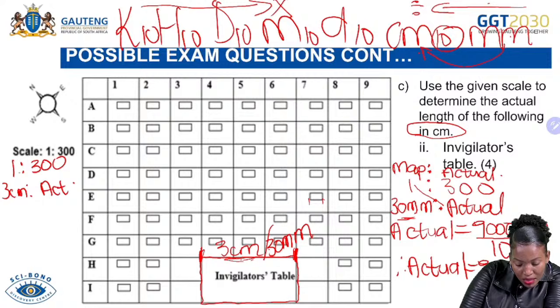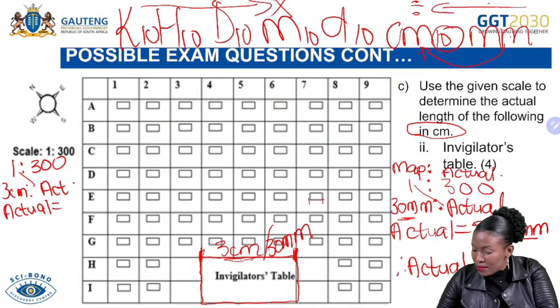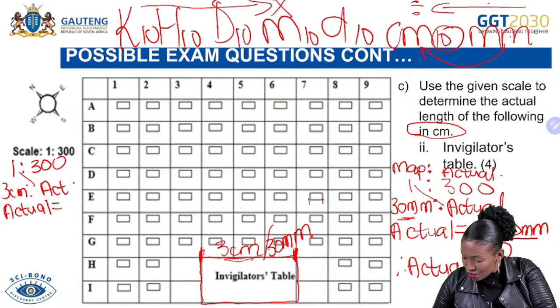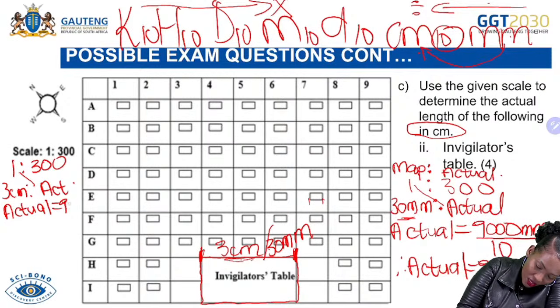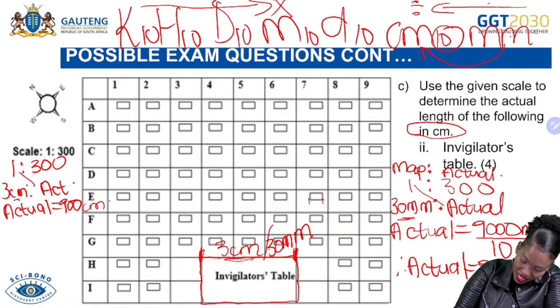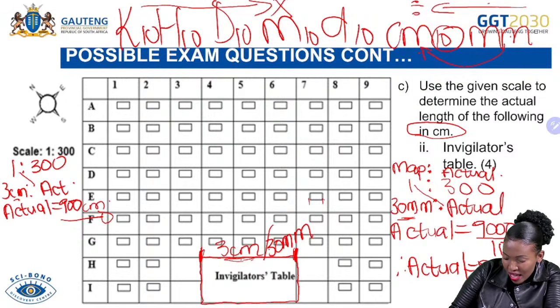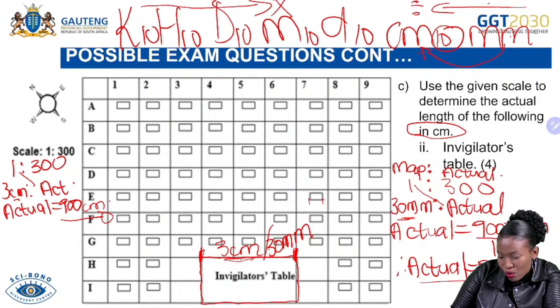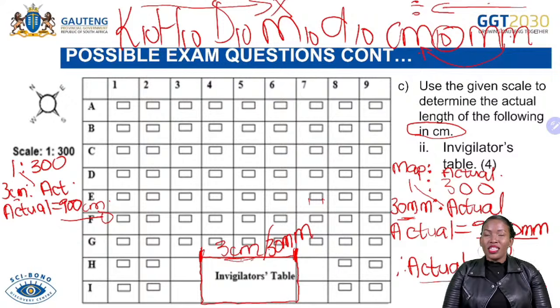So we cross multiply: 1 times actual gives us the actual. And then 3 multiplied by 300 should be 900. 3 times 300 is 900. But it is 900 what? 900 centimeters. And this is the correct answer because that is the same answer that we got here. Here it is also 900 centimeters.